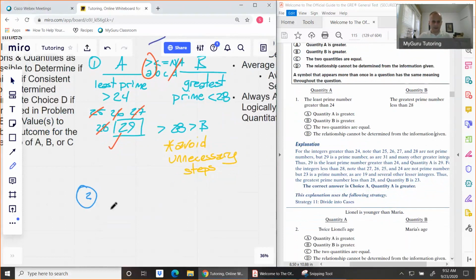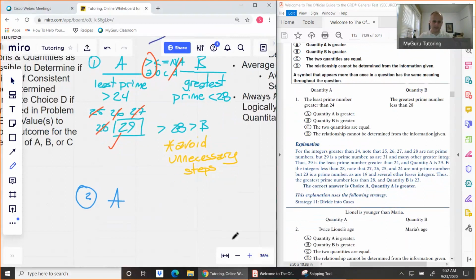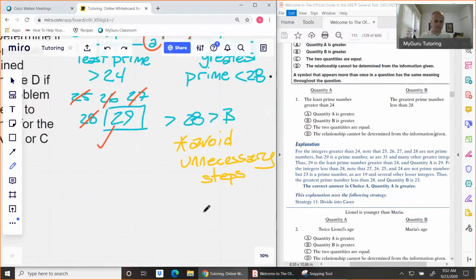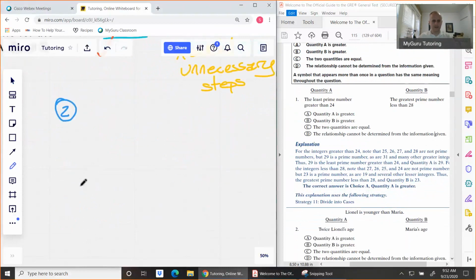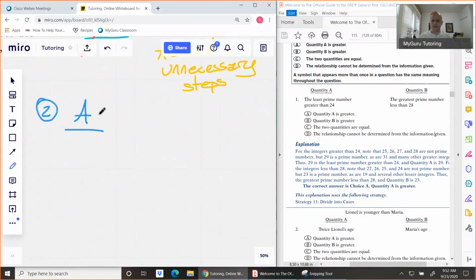And so we've got quantity A, number 2. Here. So quantity A, we've got twice Lionel's age. And like I said, we want to mathematically articulate information as much as possible. So I'm just going to say 2L. And then quantity B is going to be Maria's age. So that's just going to be M for me.